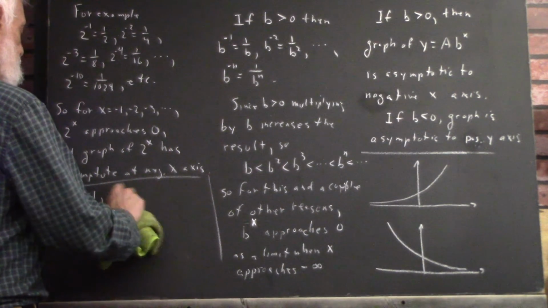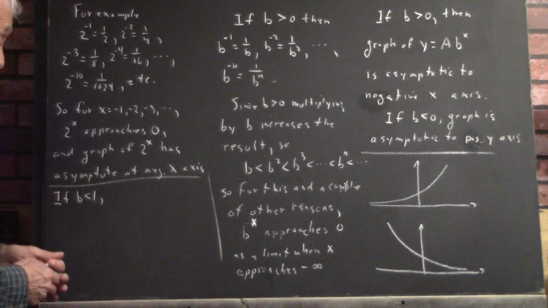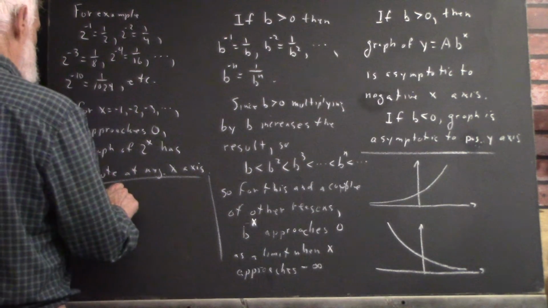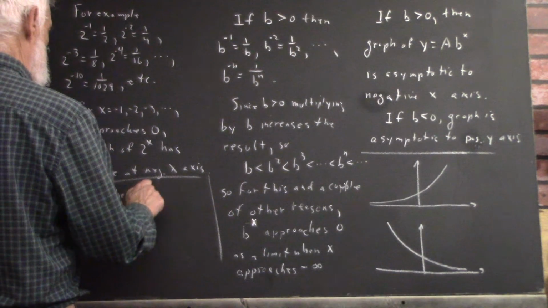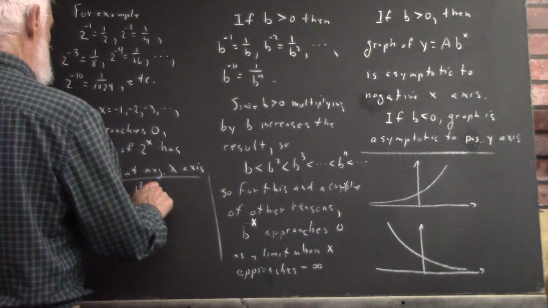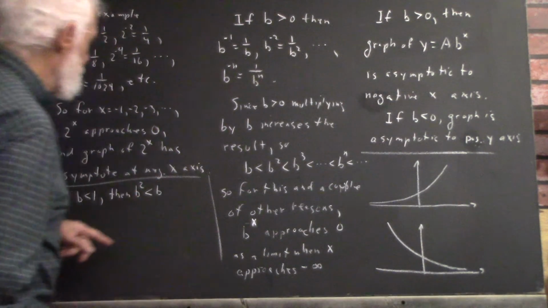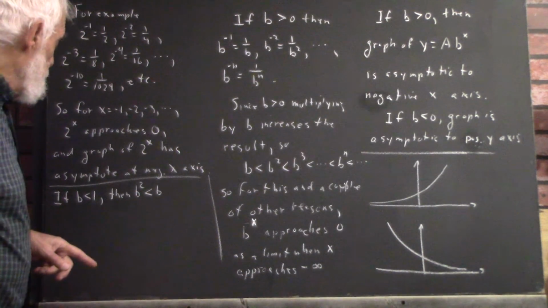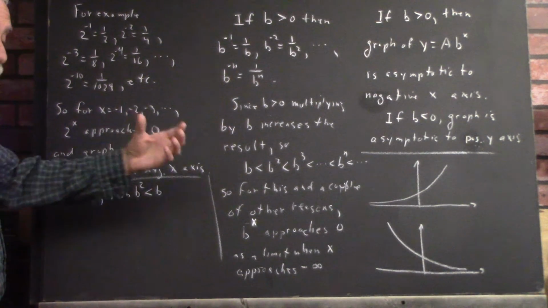Now let's get my statement straight. If the positive number b is less than 1, then b squared is less than b, because if you multiply a number less than 1 by another number, you get a number that's less.